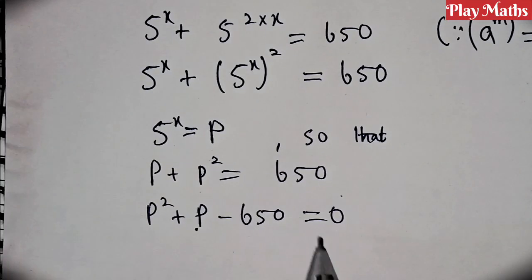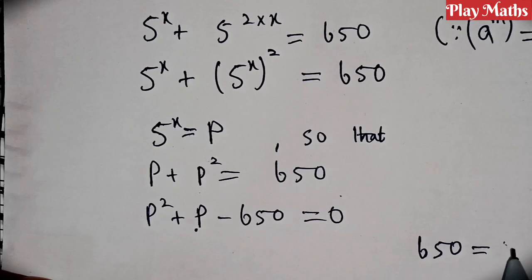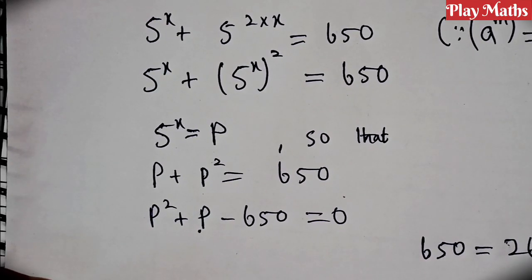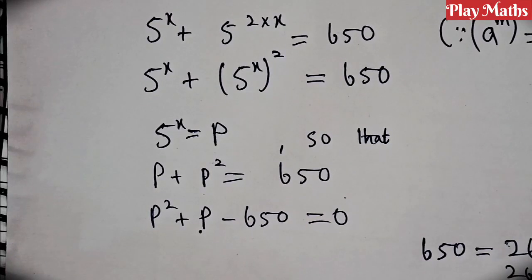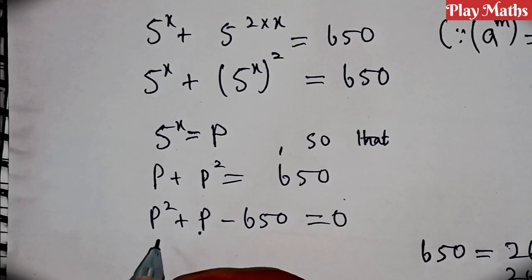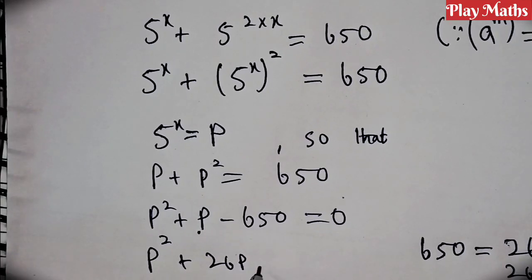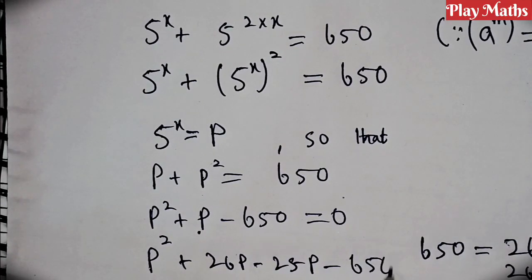Now we will see 650 can be factorized as 26 into 25, and 26 minus 25 is equal to 1, that's the coefficient of p. So we can write this as p square plus 26p minus 25p minus 650 equals 0.